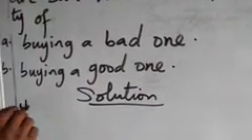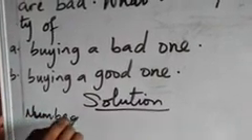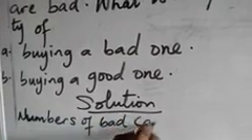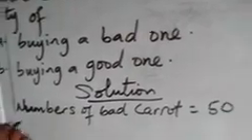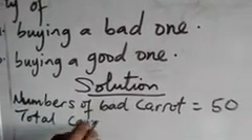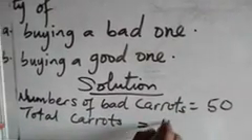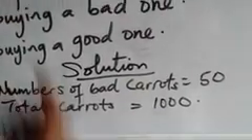So, number of bad carrots, that's 50. Then total carrots, that's 1,000.